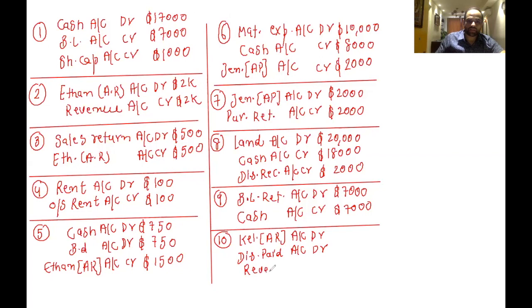Remember one thing. Here, in number 10, you are selling product. In number 2, you are also selling product. If in number 2 you are writing the word revenue, in number 10 you also write the word revenue.